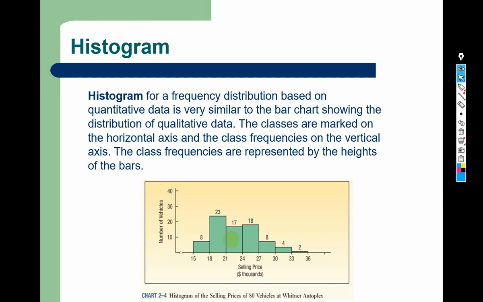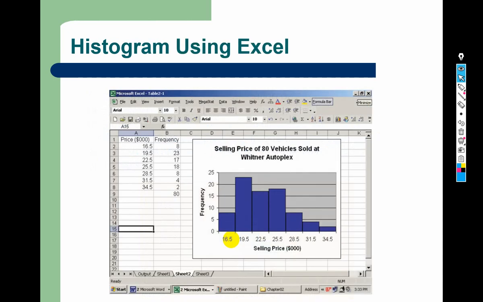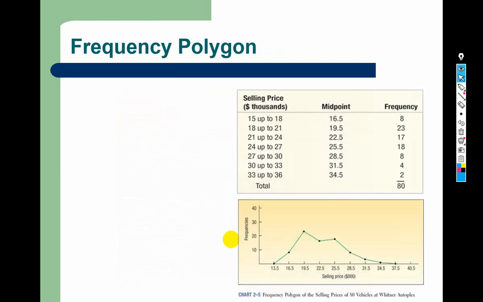So the histogram plots your data in classes and then visualizes the frequency or the relative frequency for your data. So how to plot the histogram using Excel? As I told you before, we will return to the software and how we can use it to produce all the graphs that we have in our course.